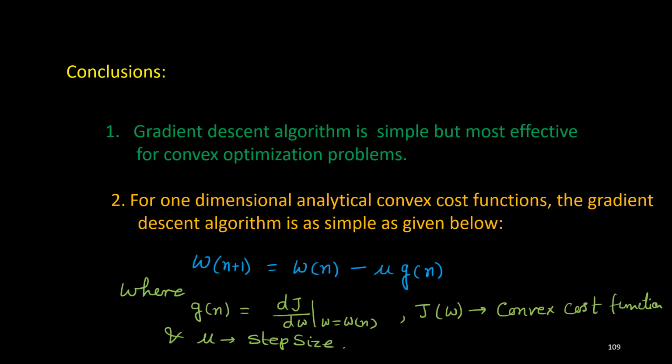For this, simply you can write W(n+1) equal to W(n) minus mu into G(n). You see all are scalar quantities, only one variable W, and G is also one variable. G means the gradient of the cost, which we can compute, where J is the cost function and mu is the step size.